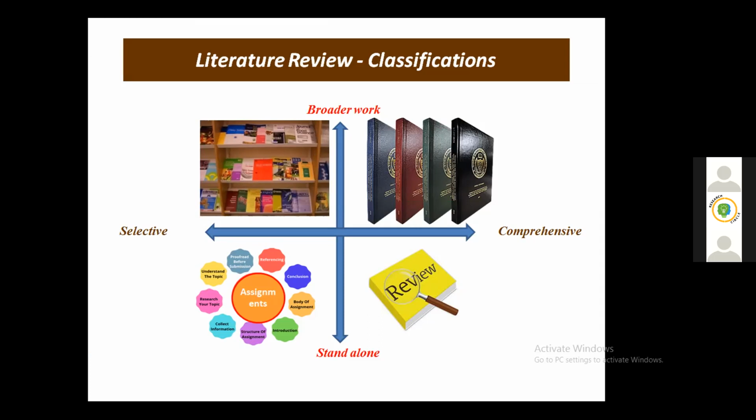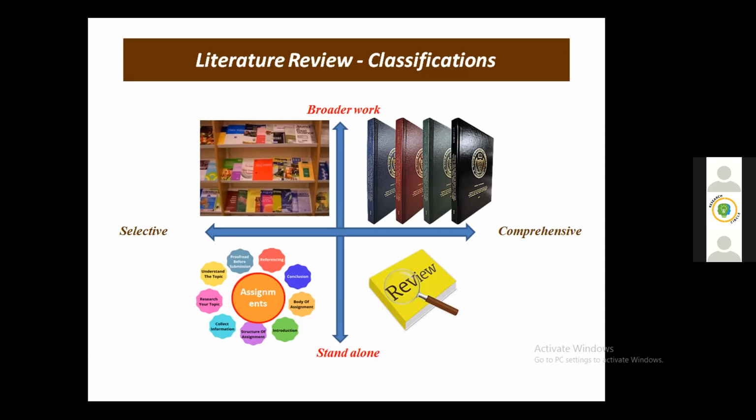Similarly, there is a vertical separation, whether it is broader work or a standalone work. Then again there will be two classifications. So altogether, 2 by 2, 4 classifications are possible: comprehensive and broader, broader and selective, selective and standalone, standalone and comprehensive. I hope it is clear.